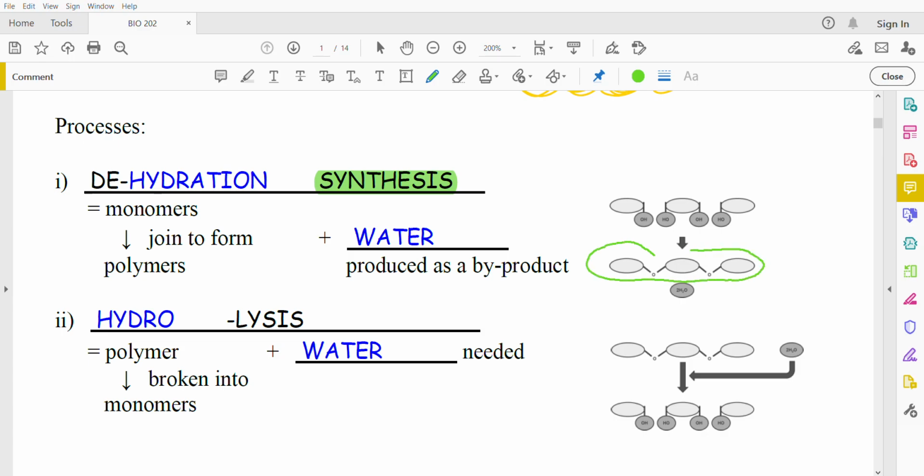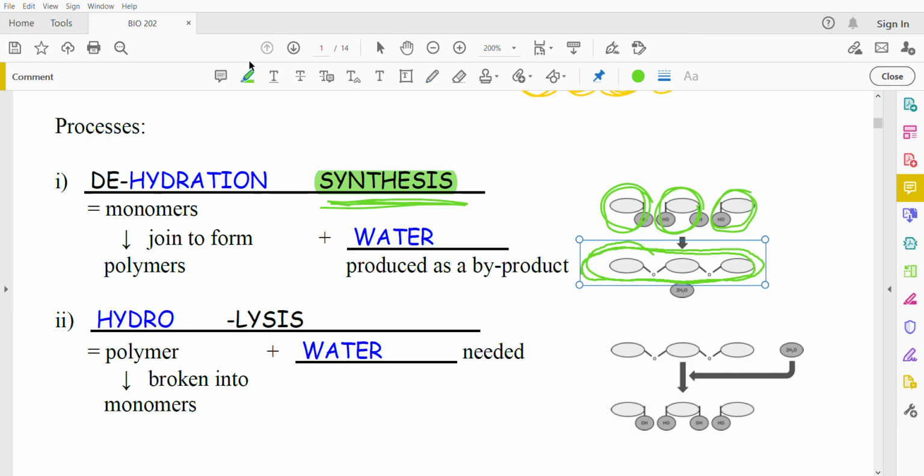As you see here, this polymer is made of 3 units that have all joined together, but the number of units could be anything at all. Initially these were simple monomers, which were then combined together to form a polymer. That's the synthesis part of this term.